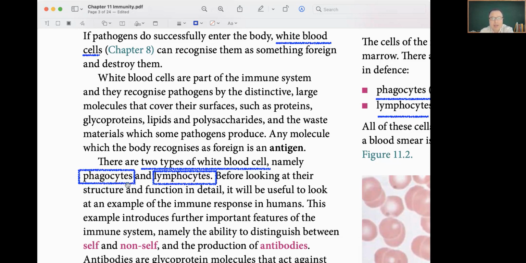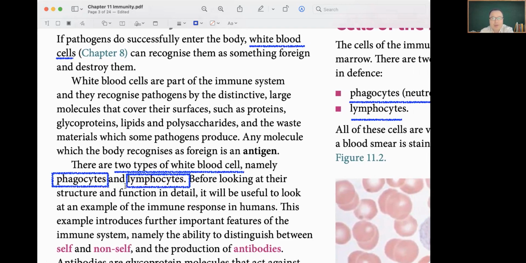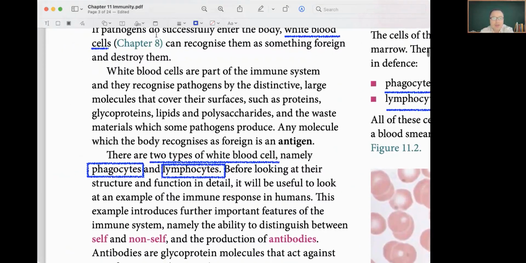And the typical phagocyte is called a macrophage. I'm sure that you know this cell, macrophage.